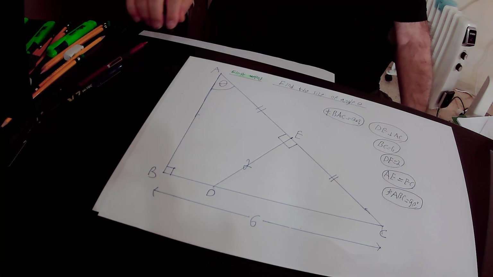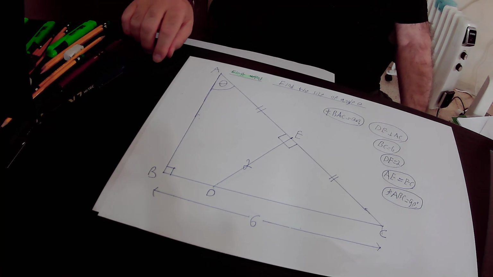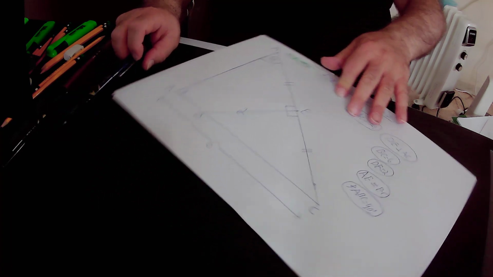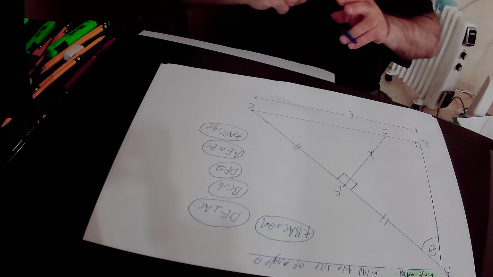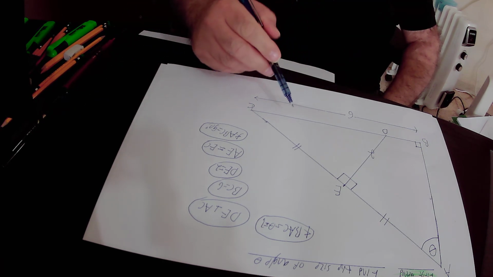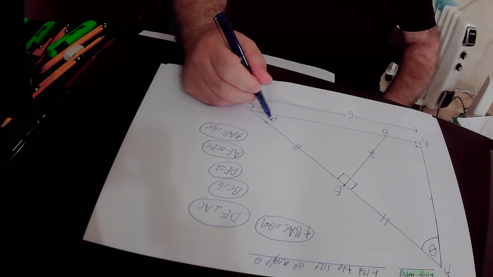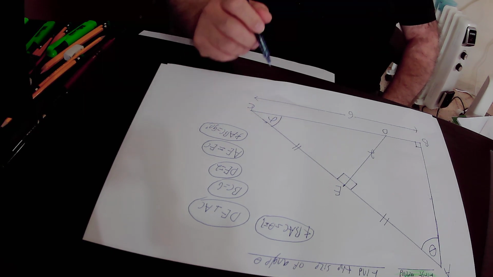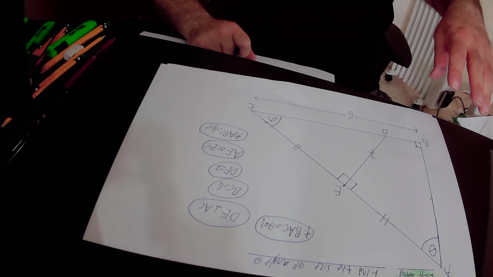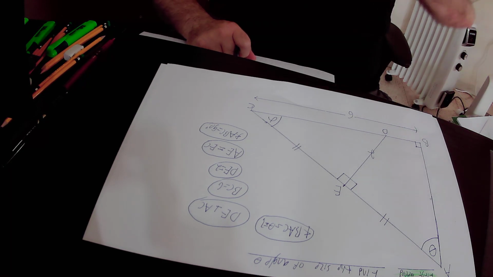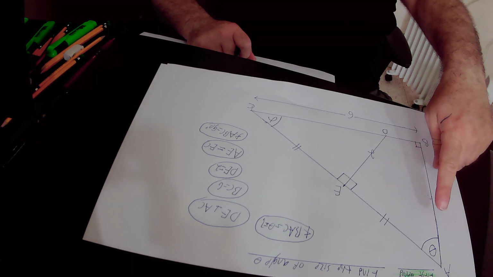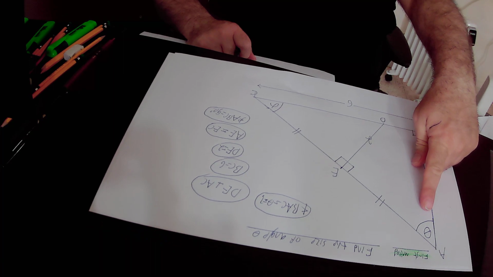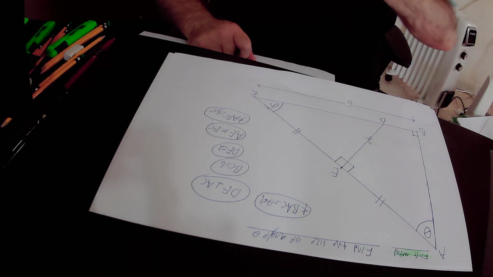Okay, so we start with the first method. In the first method, we will define angle ACB as alpha. Because triangle ABC is a right triangle, and this angle equals alpha, angle BAC equals theta, that is the angle that we are looking for.